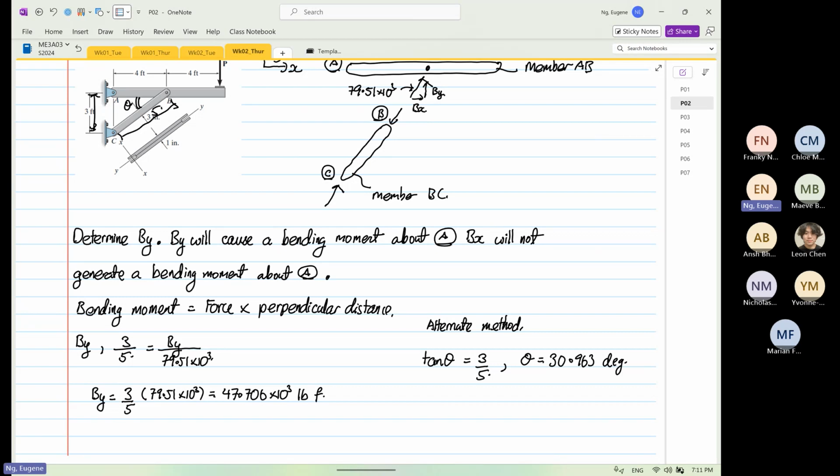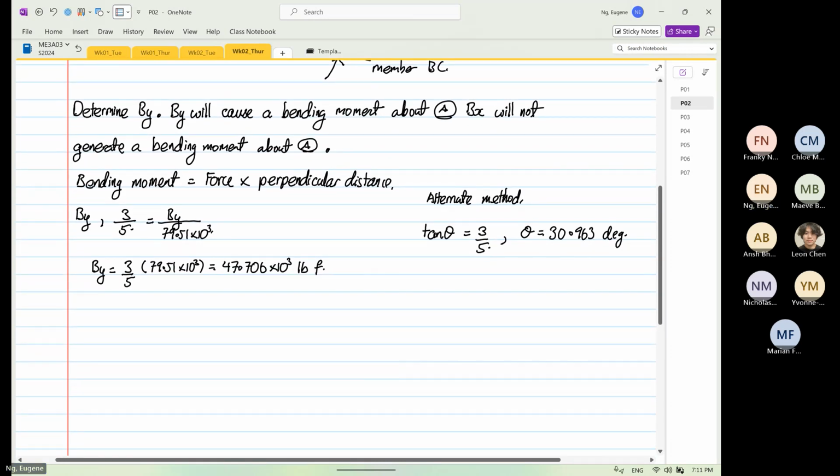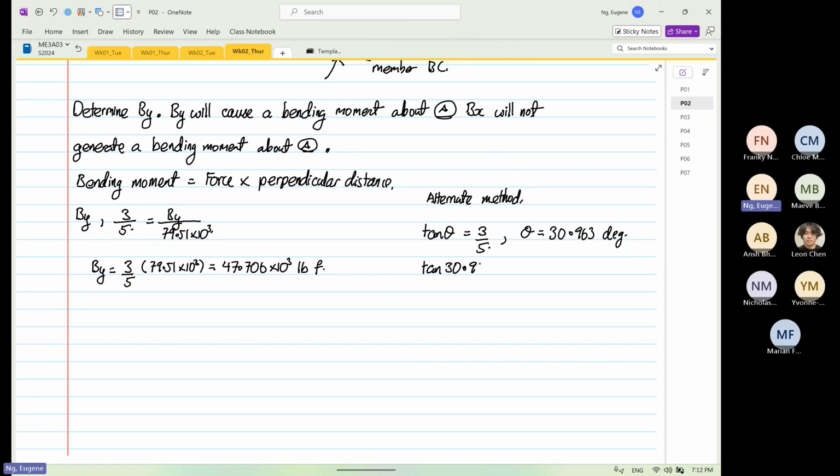So from here you have tangent 30.963 is equal to By over the resultant force, which is equal to 79.51 times 10 to the power 3.